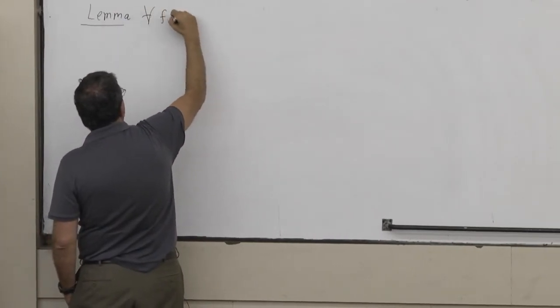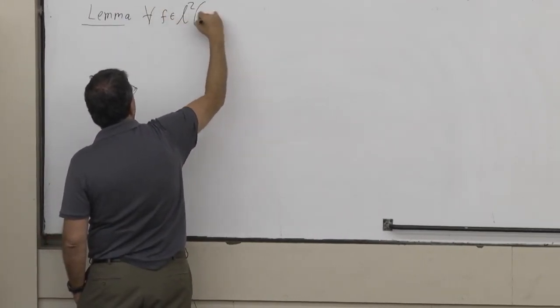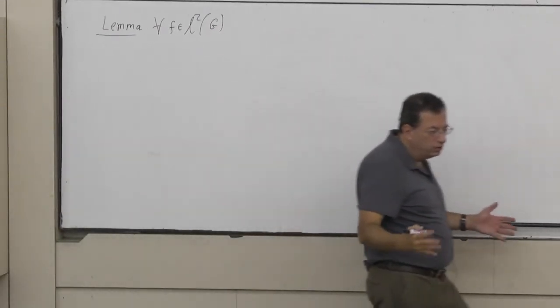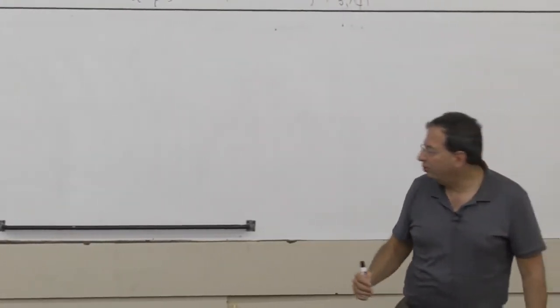So take any function f which is in the space L2 of G. So we have G is finite or infinite. L2 of G is just functions from G to the reals that are square summable. If G is finite, it's just all functions from G to the reals.